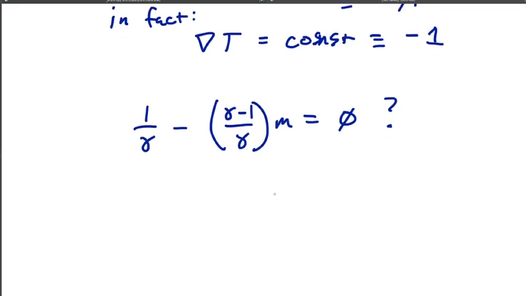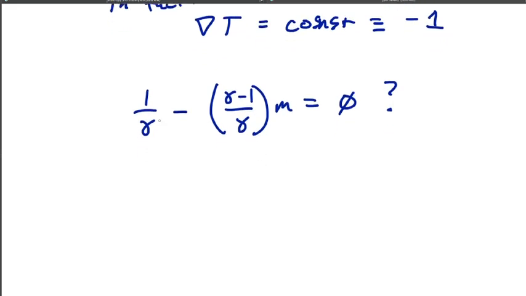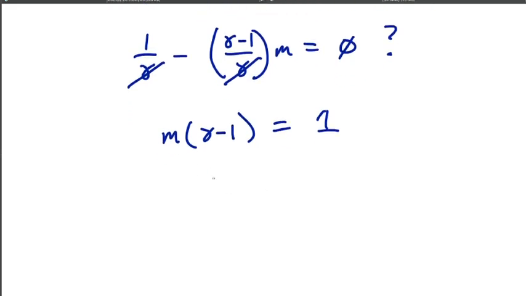Well, this is a straightforward system to solve since gamma is a constant, so we can cancel these gammas out, and this becomes m times gamma minus 1 is equal to 1, by moving the sign across, and that means that m is equal to 1 over gamma minus 1.